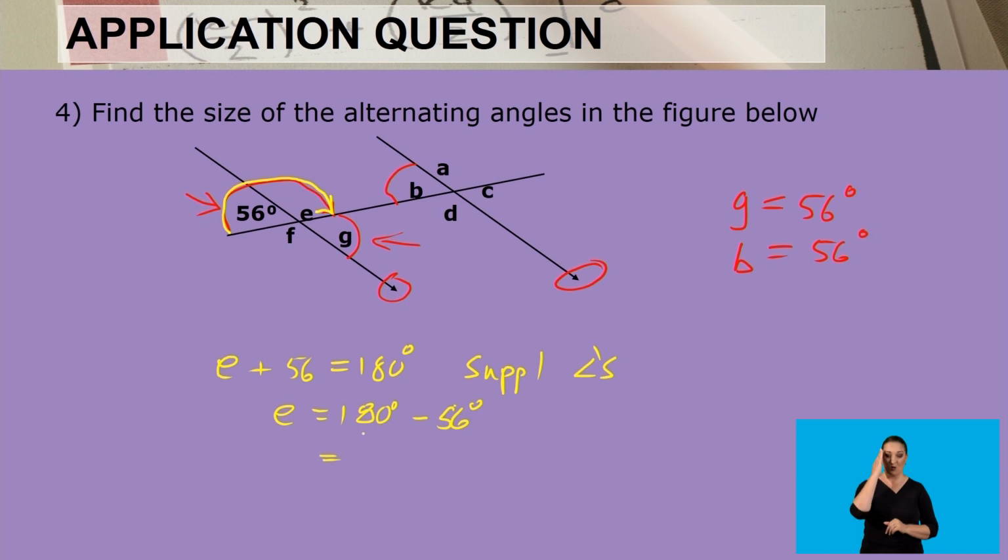And therefore, 180 minus 56 is 124 degrees. So E is 124. And E and angle D are alternate. Therefore, angle D is equal to 124 degrees as well. So we're using only our knowledge of alternate angles to determine the sizes of these angles.